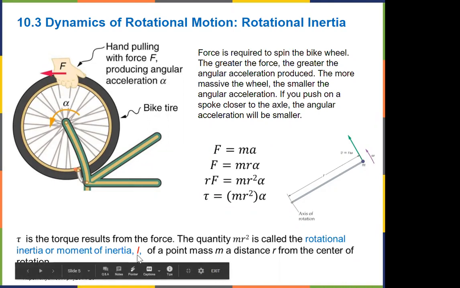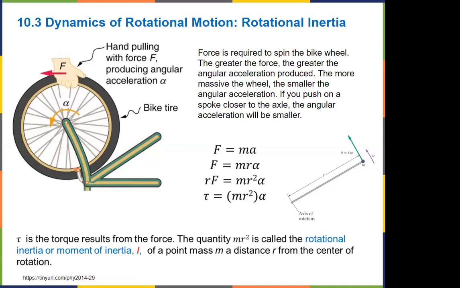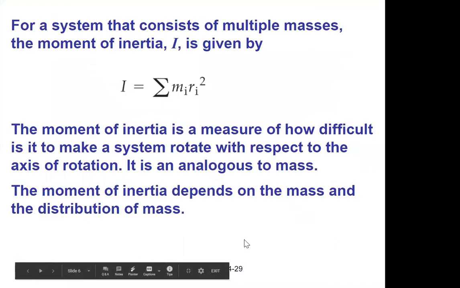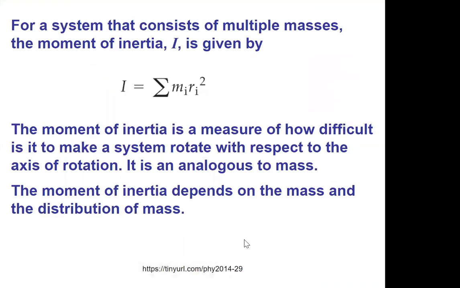It has an SI unit of kilogram times meter squared: kilogram from mass, meter squared from the r squared. If you have multiple point masses, you just sum m_i r_i squared. Just add them up.